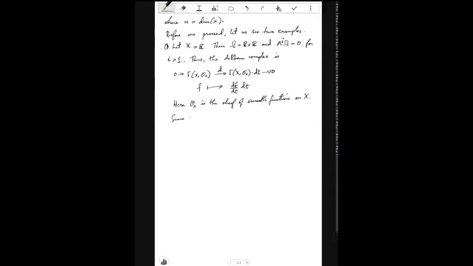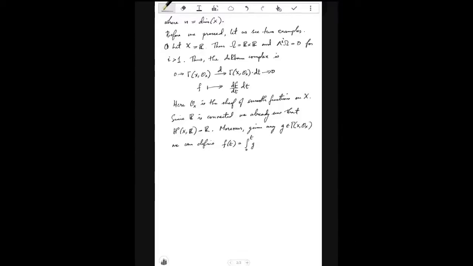Since R is connected, we already saw that H0(X, R) is equal to R. Moreover, given any smooth function g, an element of gamma X over X, we can define f of t equal to integral 0 to t g of x dx.